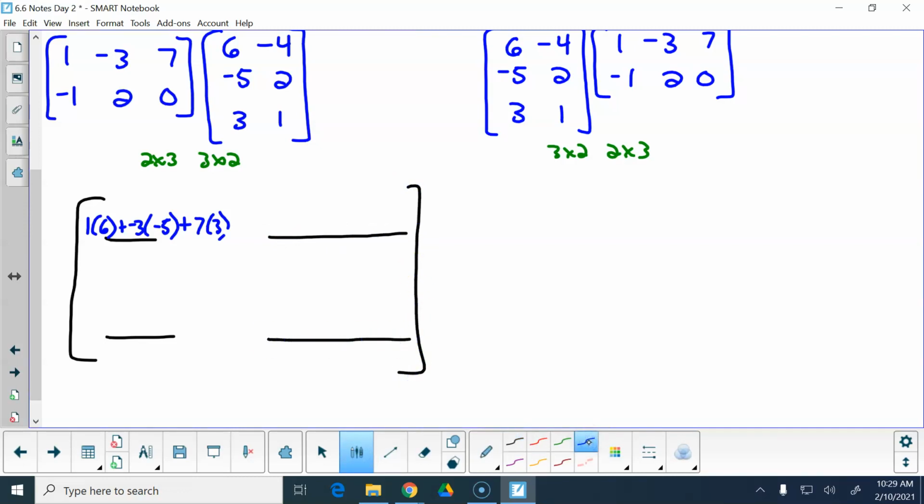And then 1 times negative 4 plus negative 3 times 2 plus 7 times 1. And then negative 1 times 6 plus 2 times negative 5 plus 0 times 3. And then negative 1 times negative 4 plus 2 times 2 plus 0 times 1.